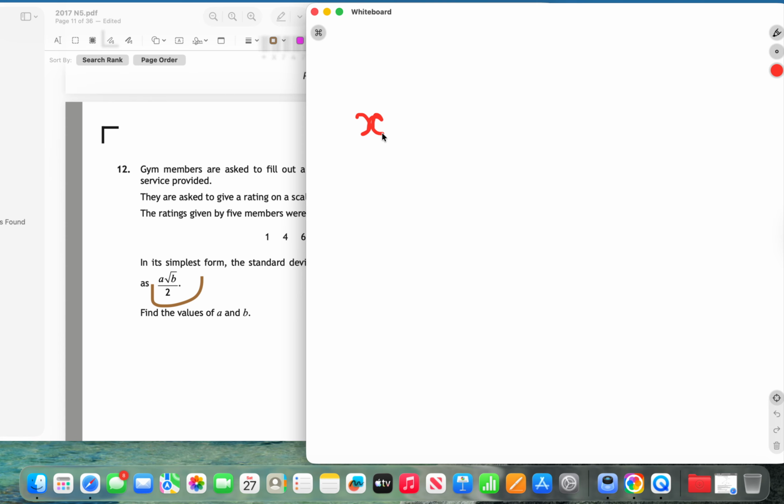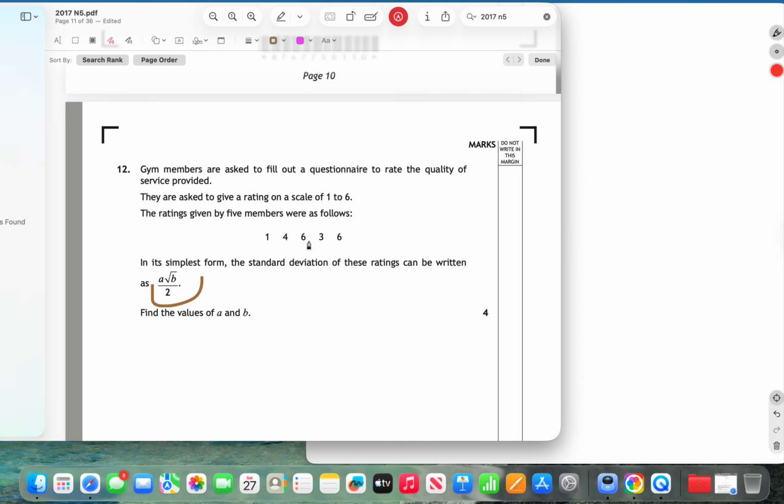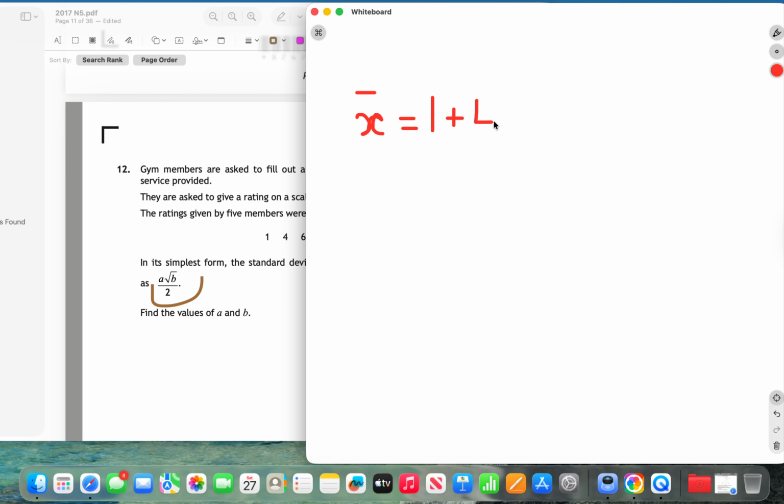We're going to first of all find the sample mean. It's x bar. 1 plus 4 plus 6 plus 3 plus 6, and you want to divide all of that by 5.